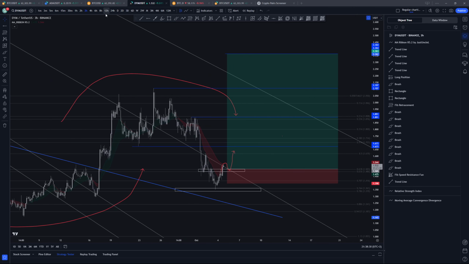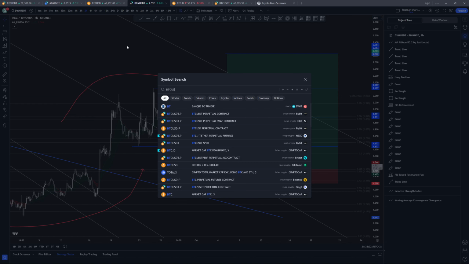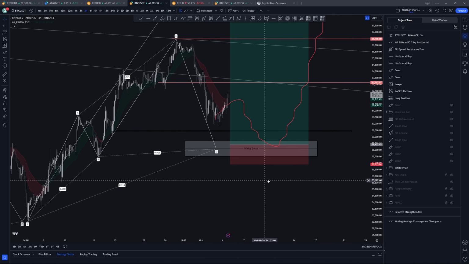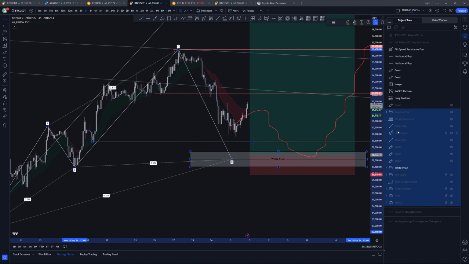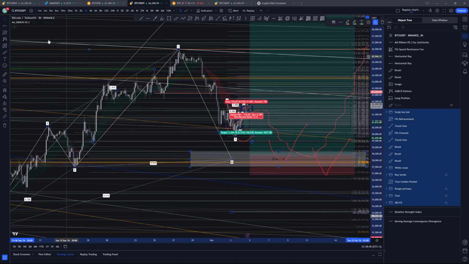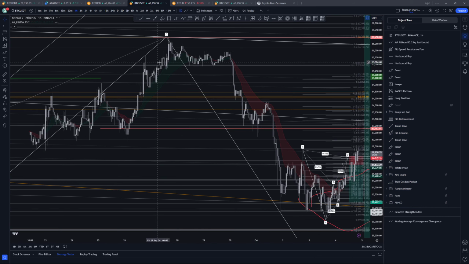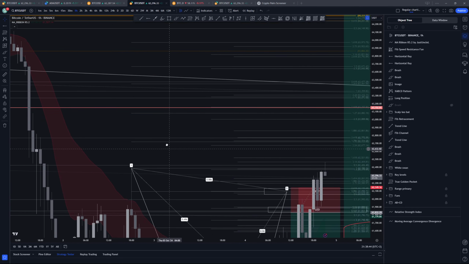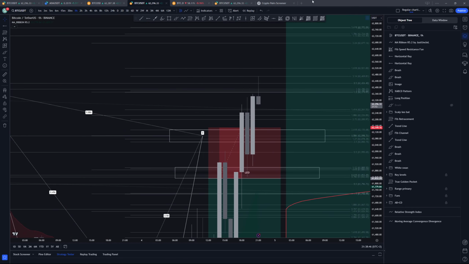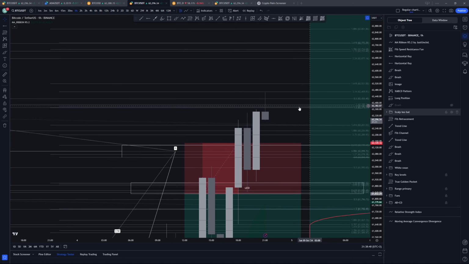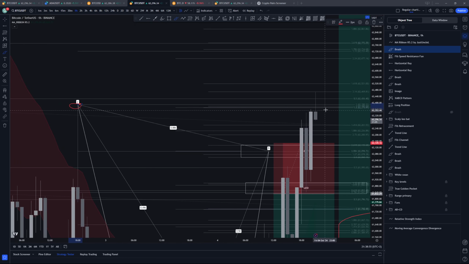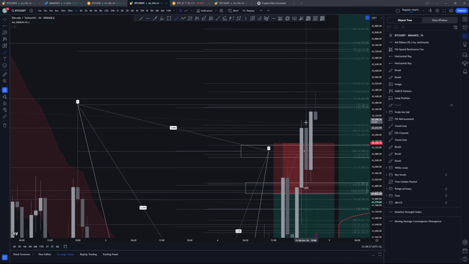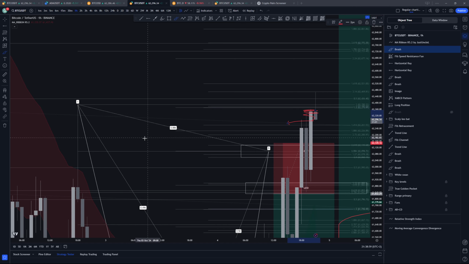Anybody to give us a 4-hour close? Let's see. I'm sorry, I'm going to enable everything. I need to see the information. This is not good. We raided the high right over here, and we're looking to close below.